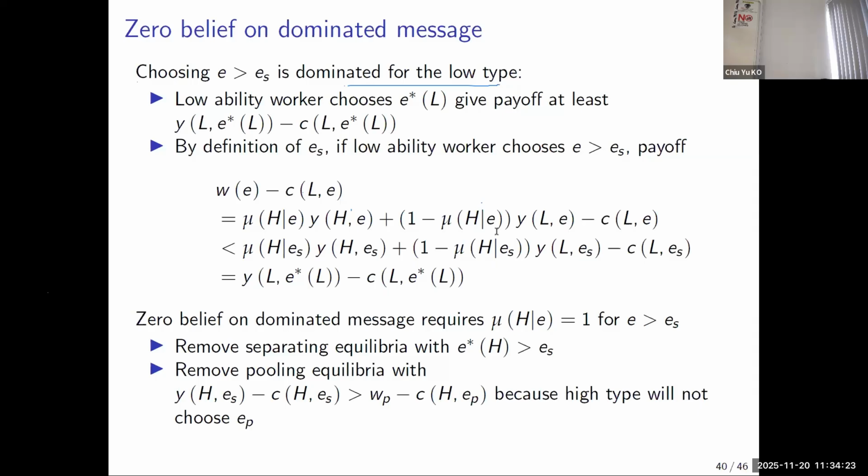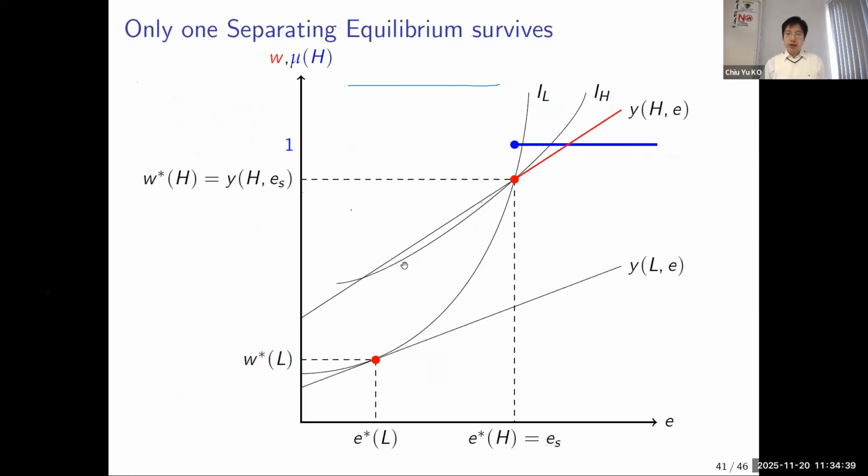The ES is the high type, right? So look at the proof. Going to the math, you would say, okay, sending more will get you negative. Look at this question.